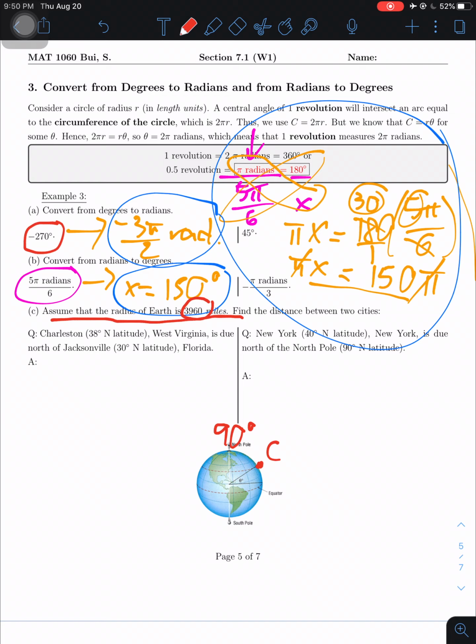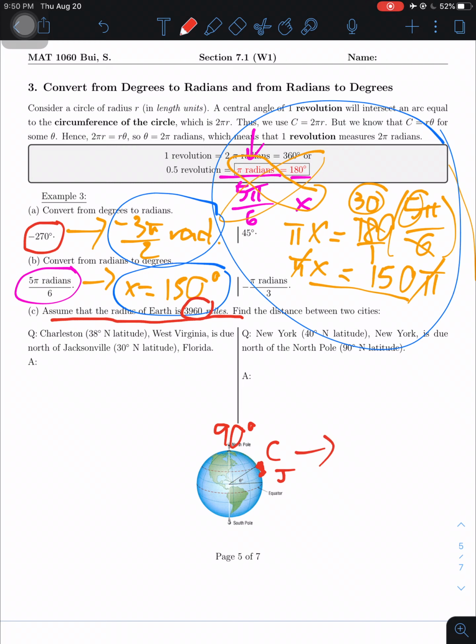And then Jacksonville in here is 30 degrees. It's a little tiny bit below 38, right? Let me put a J in there. So if you connect the two cities together on the globe, you will have a little curve in here. Now let me zoom it out a little bit.